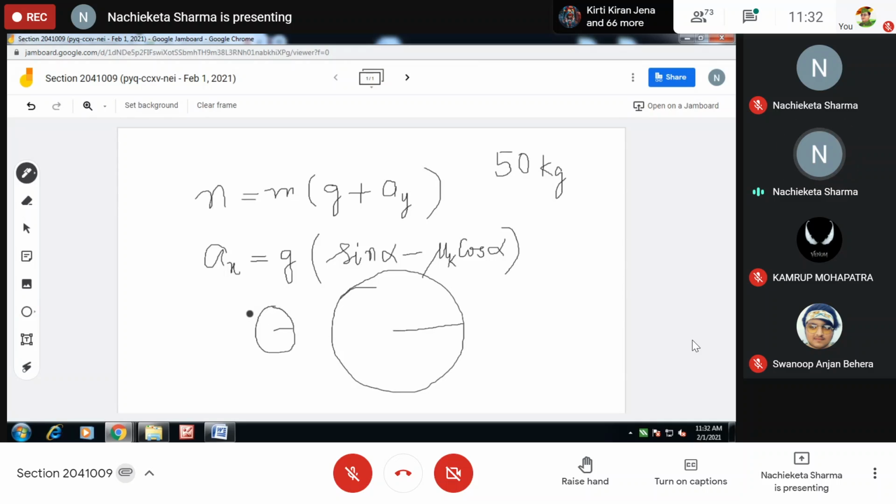And the centripetal acceleration is inversely proportional to radius and directly proportional to the square of the speed. So naturally, here the centripetal acceleration is more, centripetal force is more. So more force here, less force here, less r here, more r here. So the force is less when the r is more.